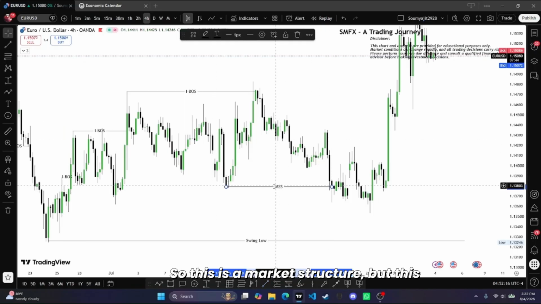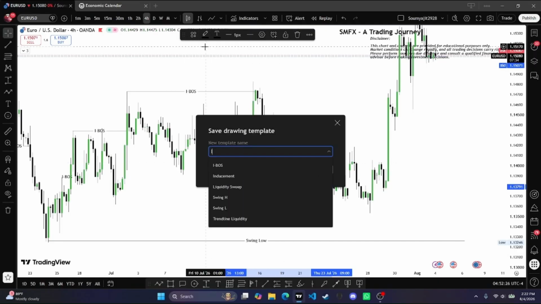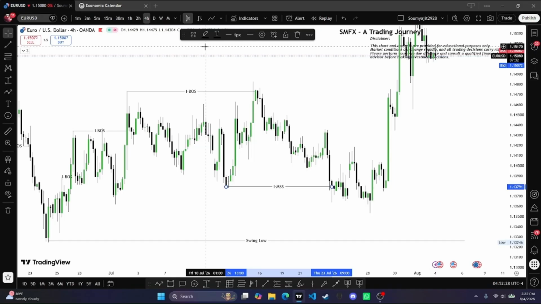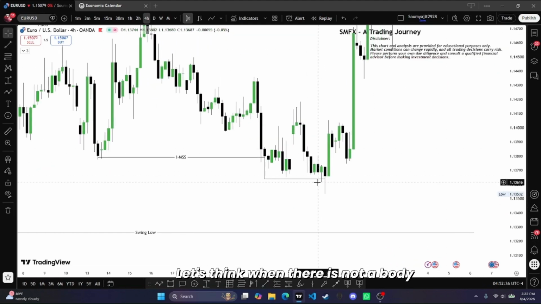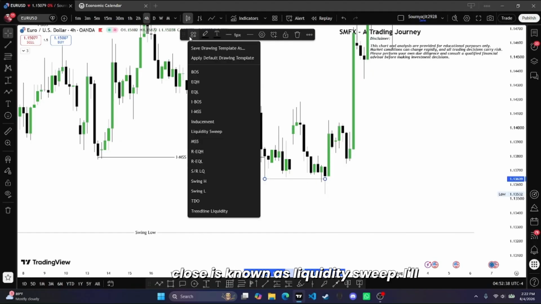So this is a market structure shift, but this is internal. This thing, when there is not a body close, is known as a liquidity sweep. I will cover that in the next part as well, but I will give an overall outlook on this.